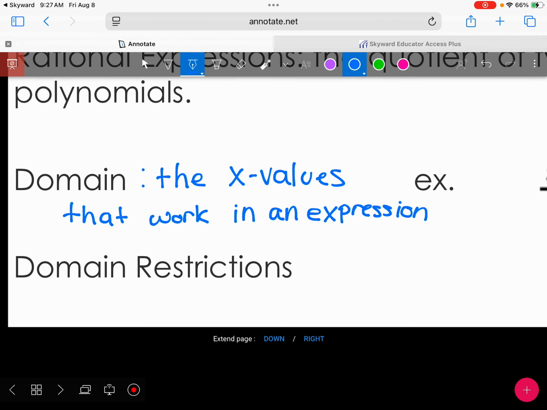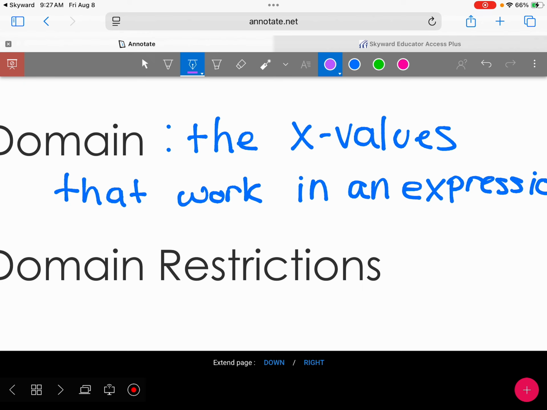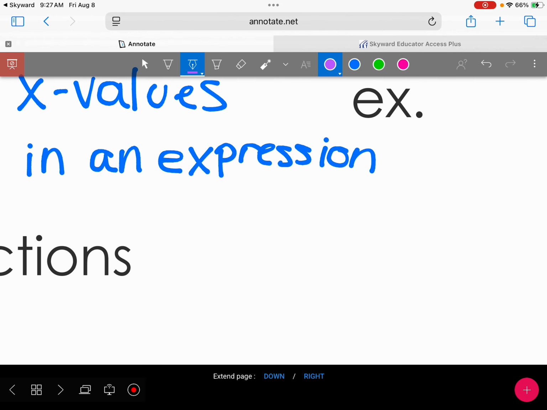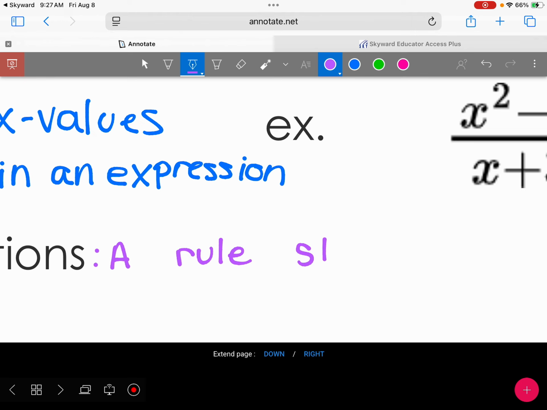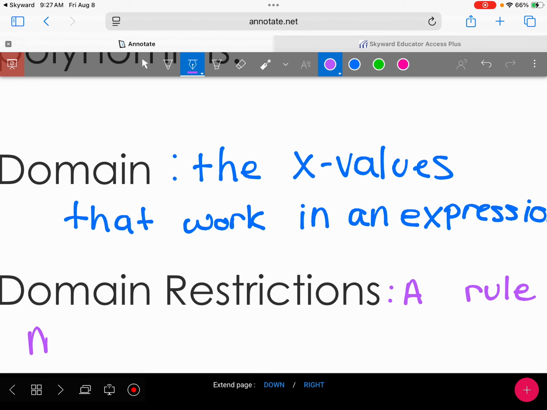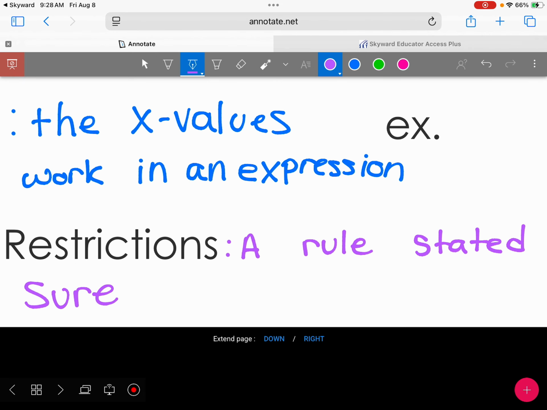So our domain restriction is a rule that we have to state to make sure our denominator doesn't equal 0. So it's a rule stated, whether it's by us or by the book, to make sure the denominator is not equal to 0.